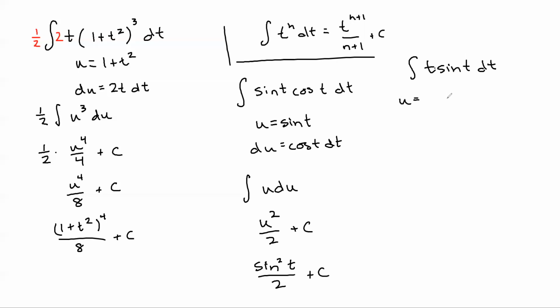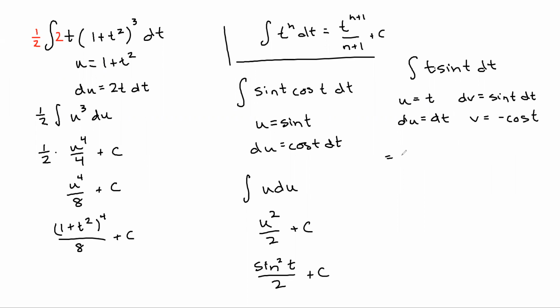And so for integration by parts, set u equal to t, dv equal to sine t dt, then du equals 1 dt, and v equals negative cosine t. And then from there, you just use the integration by parts formula, which is that this equals u times v.